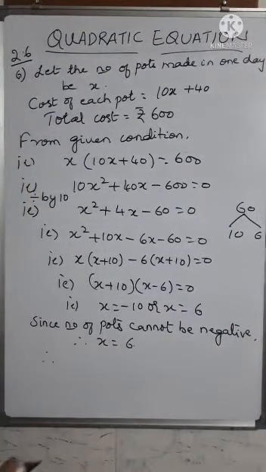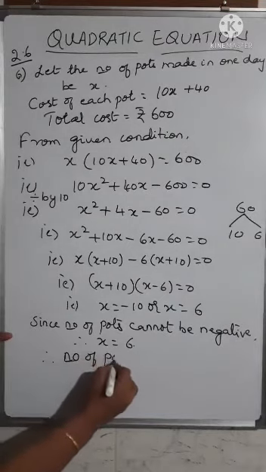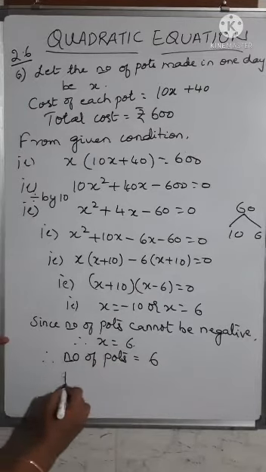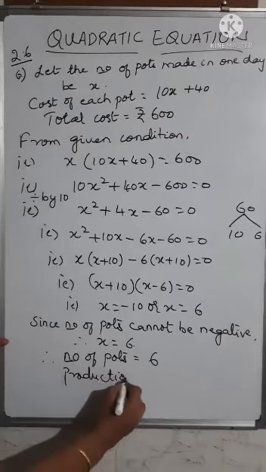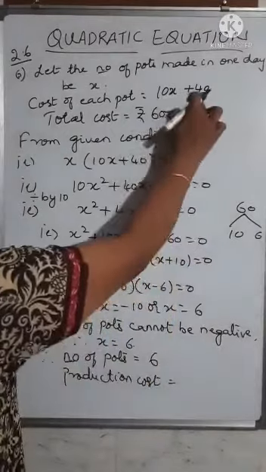Therefore you have to write the final statement of what is asked in the problem. Find the production cost of one pot and the number of pots he makes per day. So number of pots is equal to 6 and production cost is 10x plus 40.